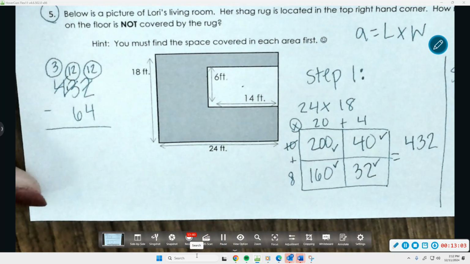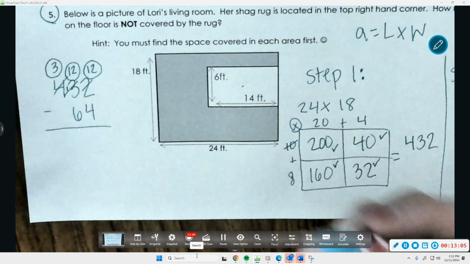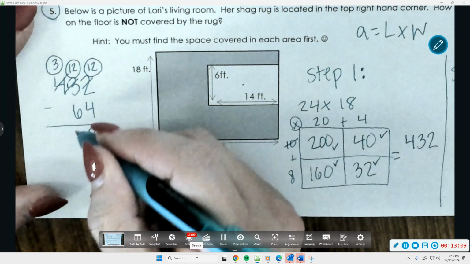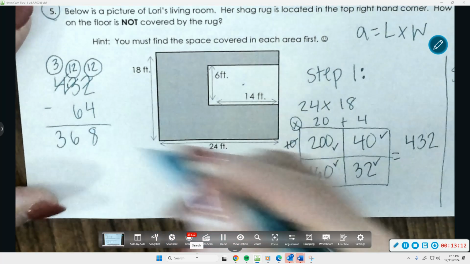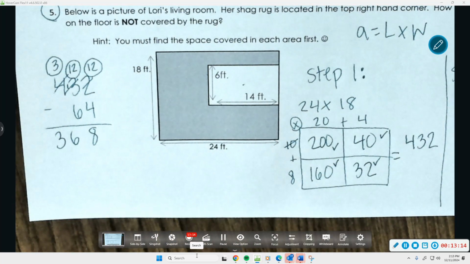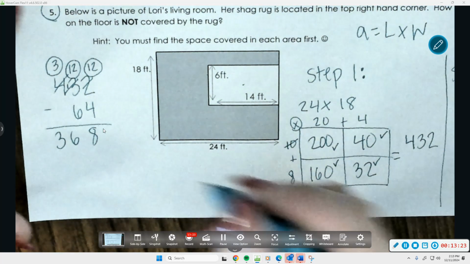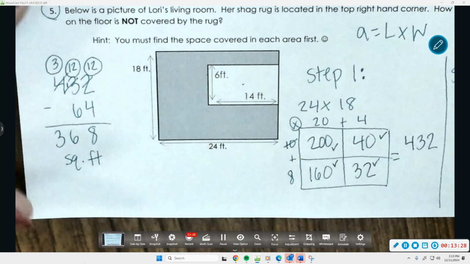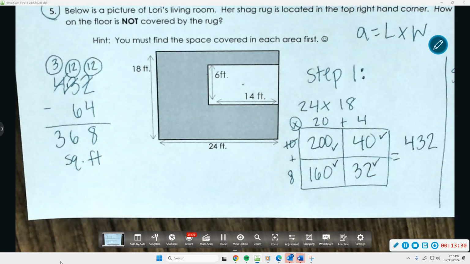So 12 minus 4 is 8, 6, 3. 368. 368 square feet. Because it's area.